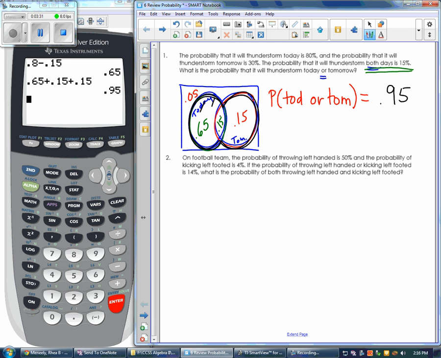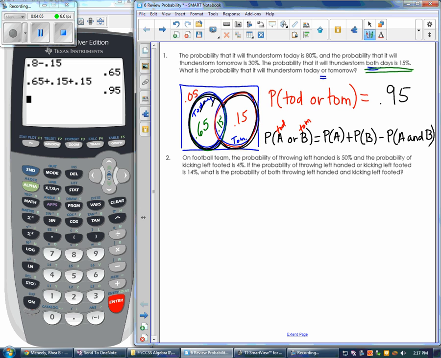Another way you could do this would be using the probability formula, the general addition rule, but I actually think that sometimes that confuses people. The general addition rule basically says if we have the probability of A or B, that's simply the probability of A plus the probability of B minus the probability of both, A and B. If we think of A as thunderstorm today and B as thunderstorm tomorrow, then I can just use the probabilities in the problem.